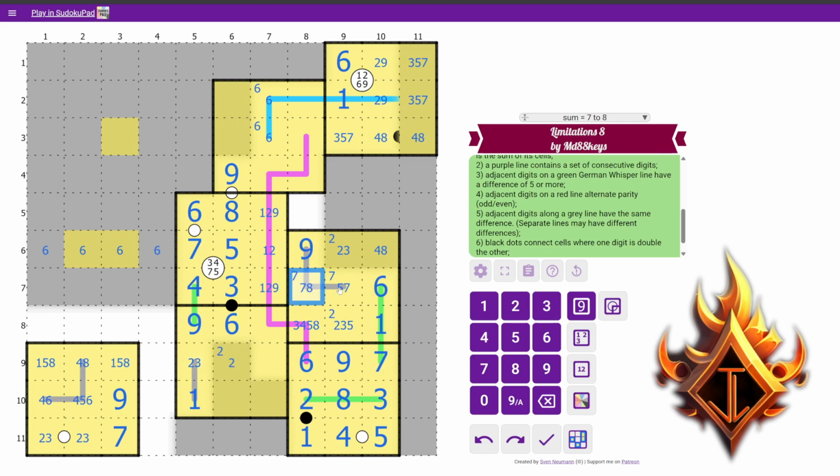If this is 8, 7, then that is 5, 6. 4 would be down there. It's all good.